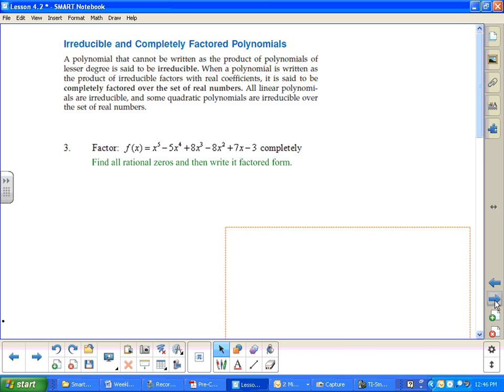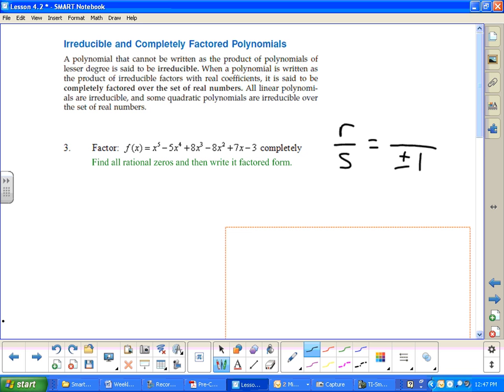But if I look at the rational ones, which are r over s, what's the possible values for s? Plus or minus 1, right? S can only be plus or minus 1. And r can only be plus or minus 1 or plus or minus 3. So we're limited only to integers, aren't we?